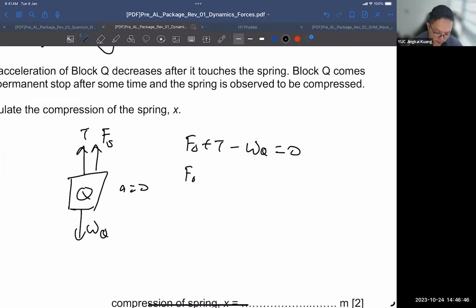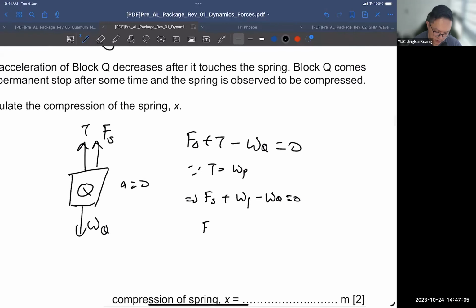So Fs plus, okay, let's write one more line first. Because T is equal to WP, I can write Fs plus WP minus WQ equals 0. So Fs equals WQ minus WP.